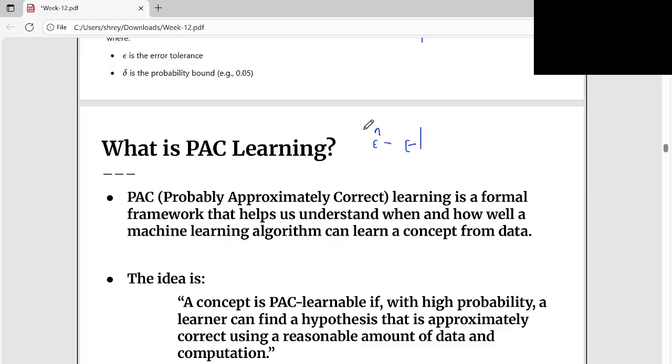This bound is greater than gamma, right? And this probability, this P, we defined as less than its upper bound, greater than or equal to delta. We defined this from three or four slides back, right?